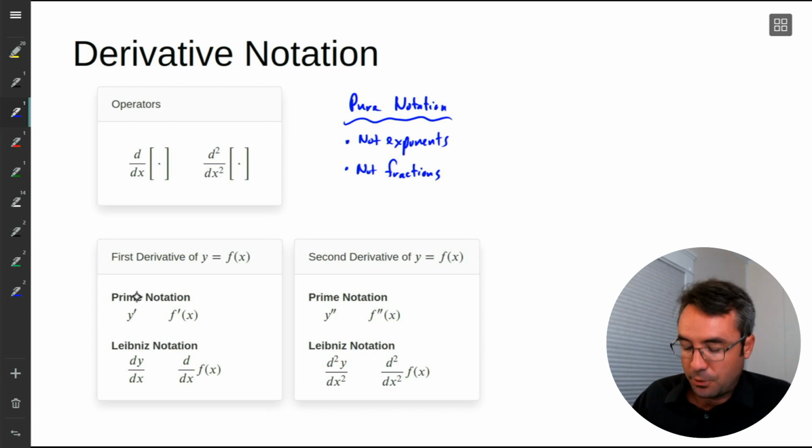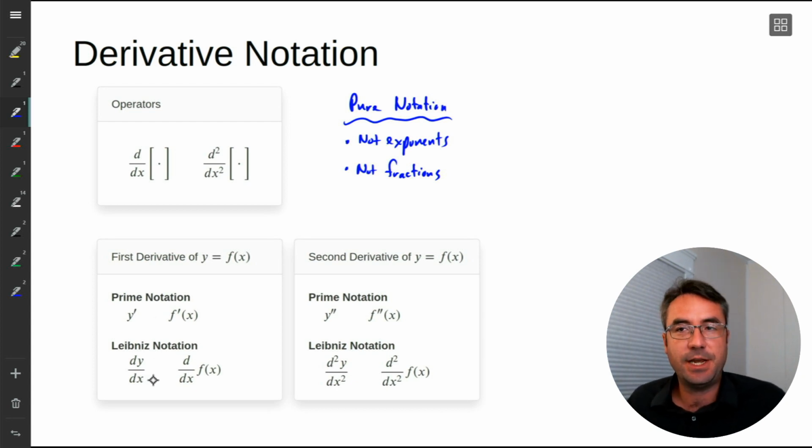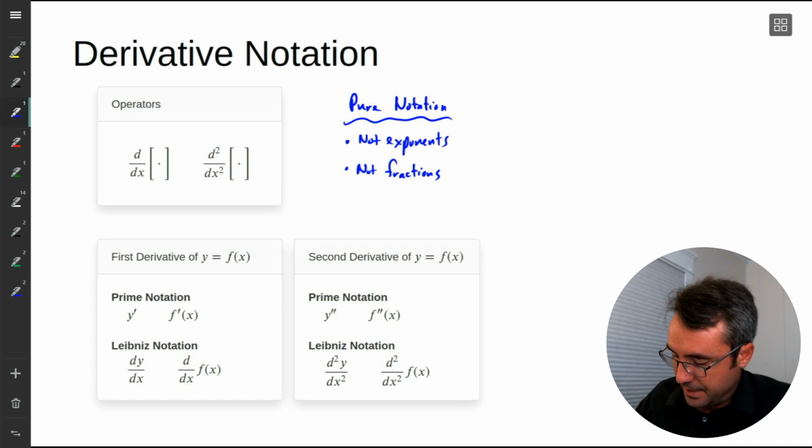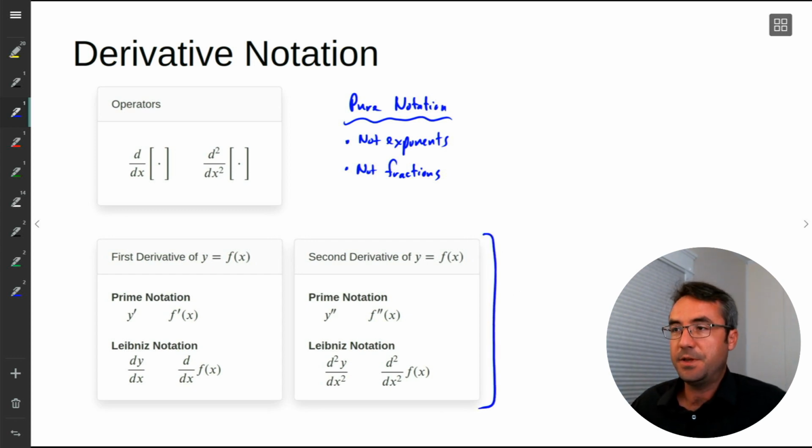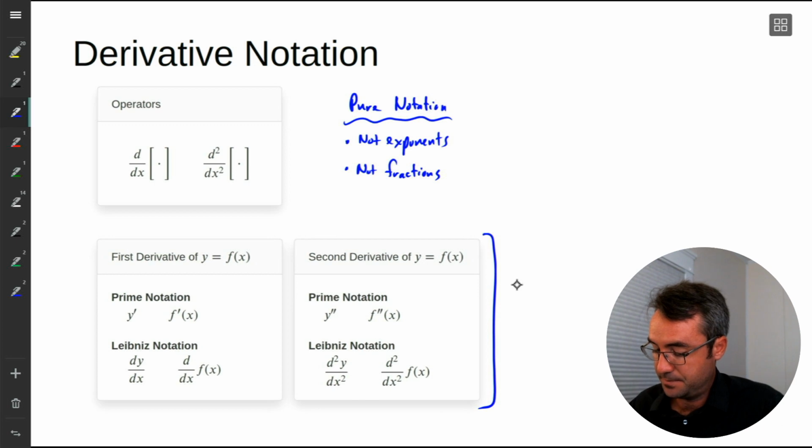So for the prime notation and the Leibniz notation, all of these different cases, what we're really doing is giving the name of that derivative.